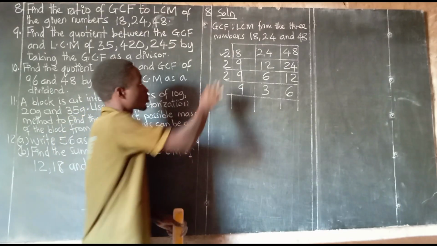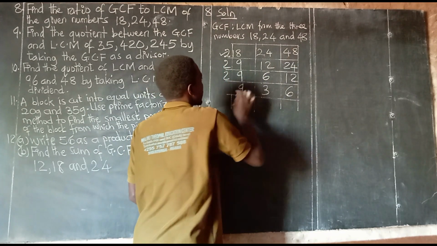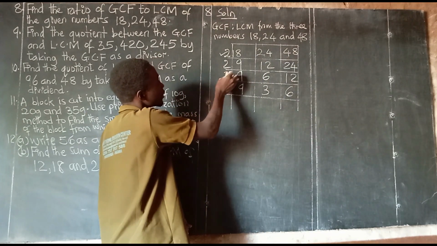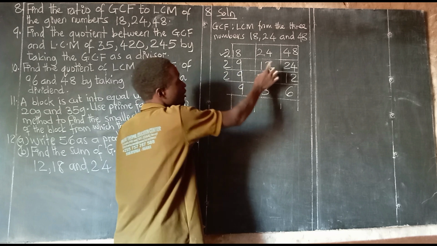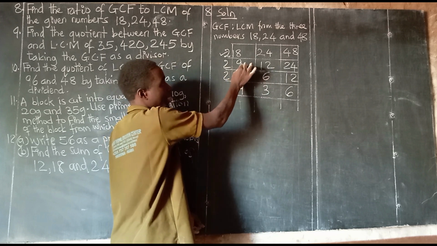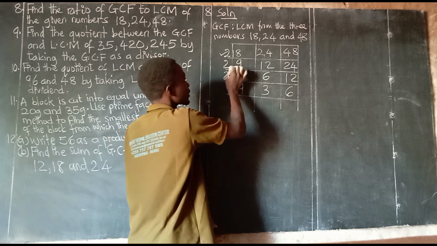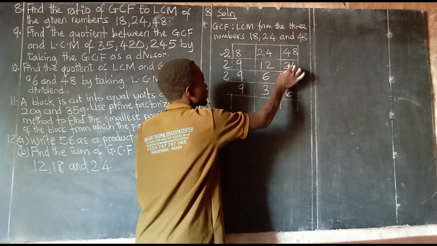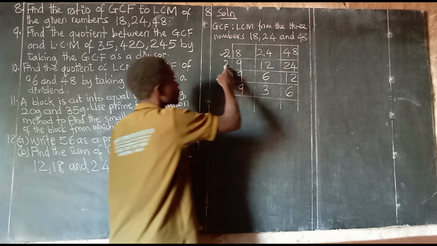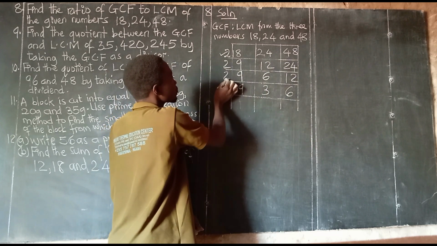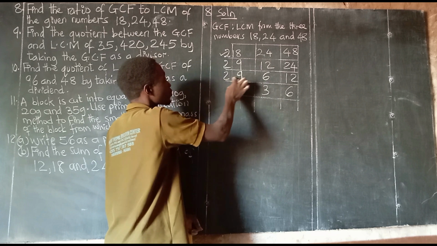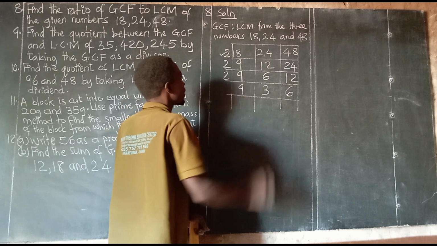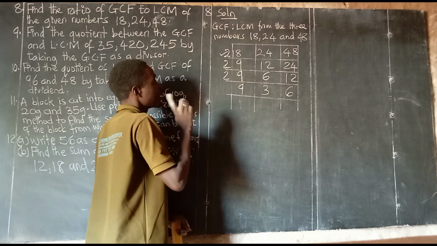So 2 has managed to divide all the 3. What about this one? It has not managed to divide all the 3 numbers as it has failed to divide 9. It has only succeeded in dividing 12 and 24, so it is not included. What about this 2? Also, it failed to divide 9, so it is not included in the prime numbers used to solve the GCF.